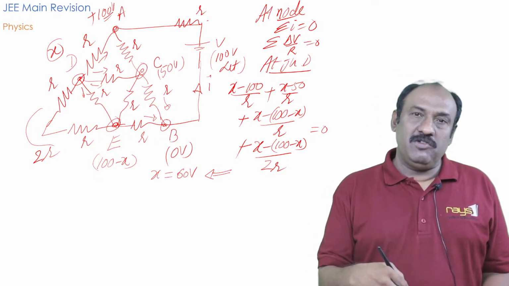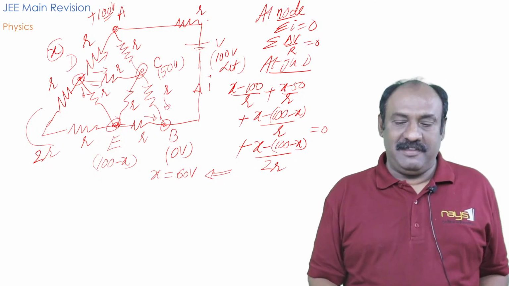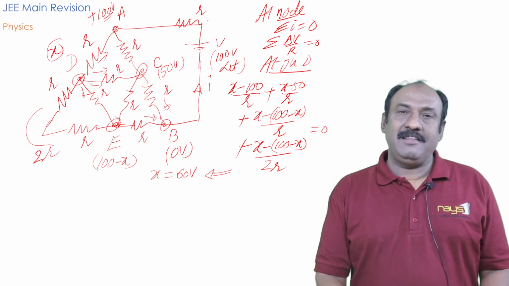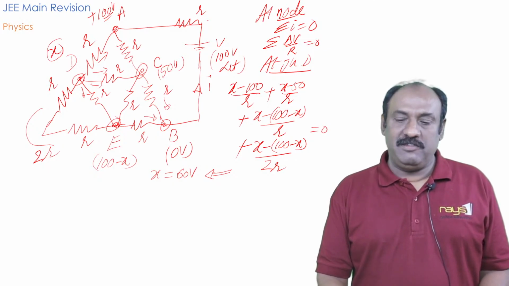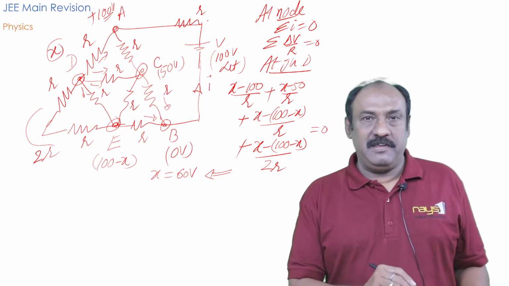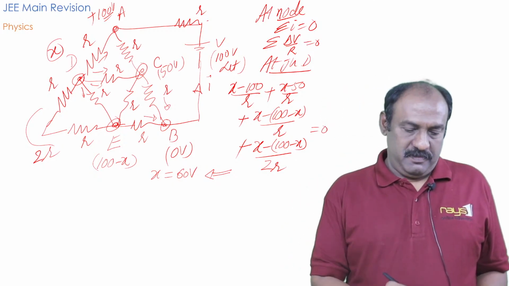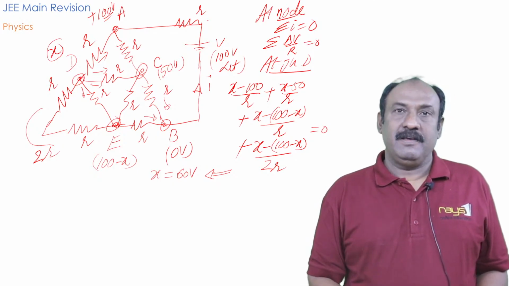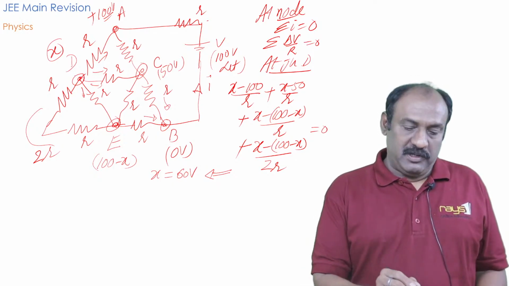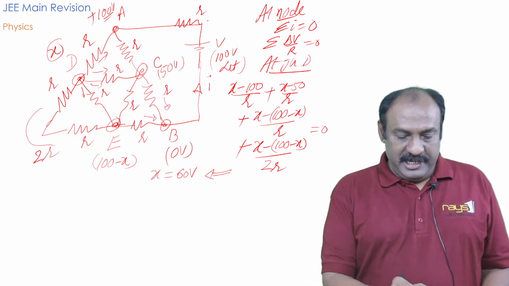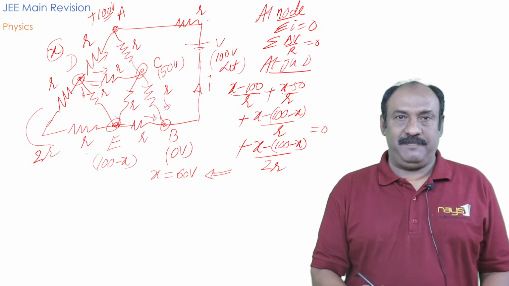Now by using nodal analysis, at each and every node the algebraic sum of currents meeting at a node is 0. That is, the potential difference by resistance between the two junctions, summed, is 0. At junction D there are 4 connections: D to A, D to C, D to E, and D to E along this 2R resistor.